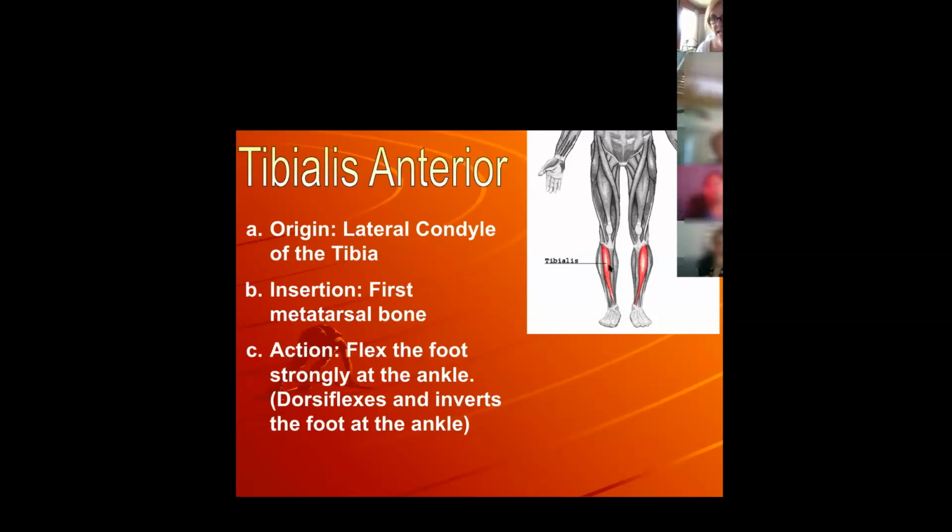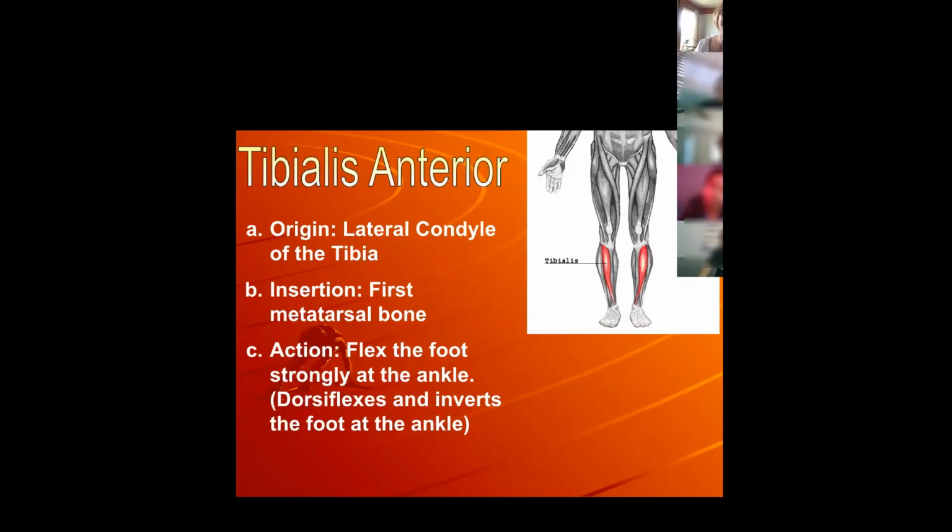So then it comes down and it goes to the first metatarsal, which is the middle part of the foot leading to the big toe. So when this pulls on that first metatarsal, it's going to create a flexion. It's bringing the toes back towards your nose. So that is called a dorsal flexion because it's going backwards.